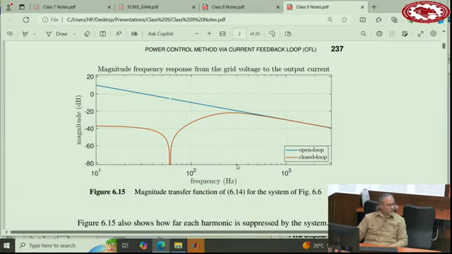300 means the fifth harmonic, which is often the first harmonic that is there. So you see open loop and closed loop already at the same point. That means this controller does not help with harmonics, does not mitigate them. What it does is make sure that at the fundamental frequency, the grid voltage as a disturbance is removed, because we put a resonant controller there to follow the reference.